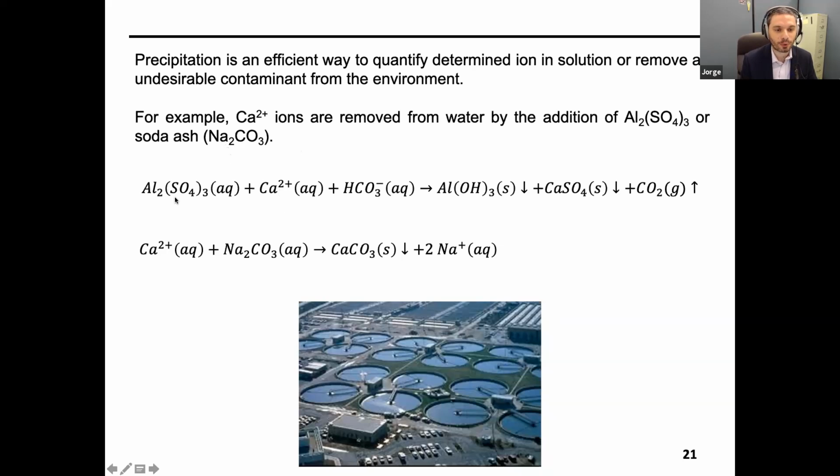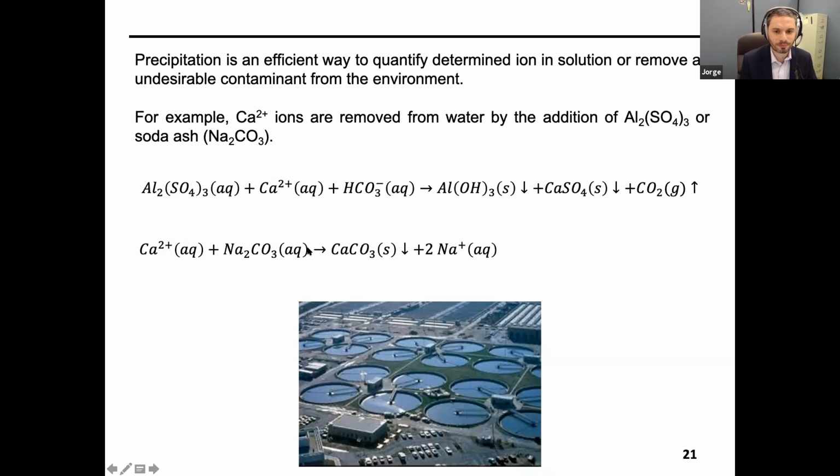When we add aluminum sulfate, calcium is going to combine with the sulfate, and that will produce calcium sulfate, which is insoluble. And this way we can filter the water and eliminate the calcium 2+ from the water.